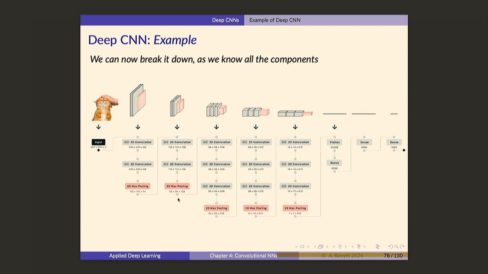You increase the number of channels because you want to somehow push every particular, say, macro feature into one channel. Okay, so it's just an intuitive discussion, but if you look at the image of one creature, an animal, that animal has specific parts.